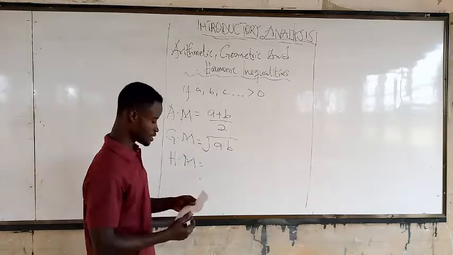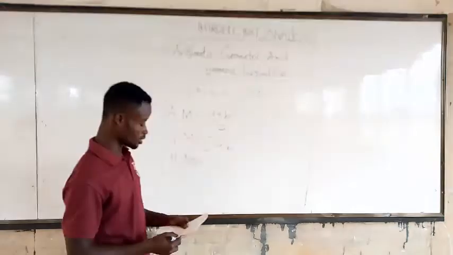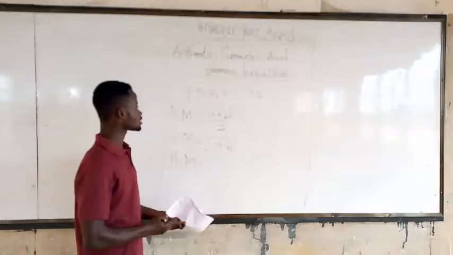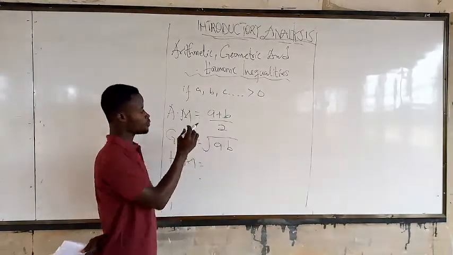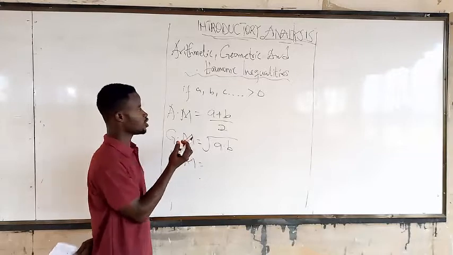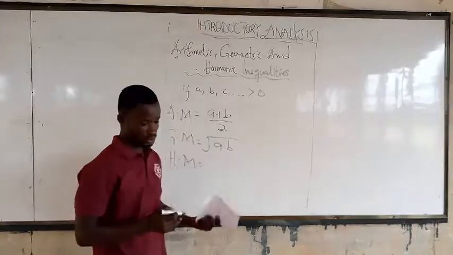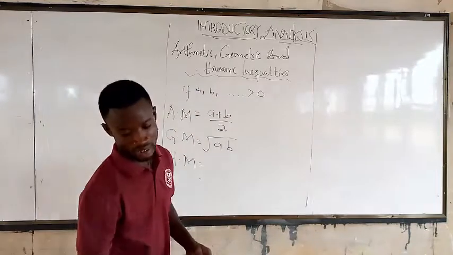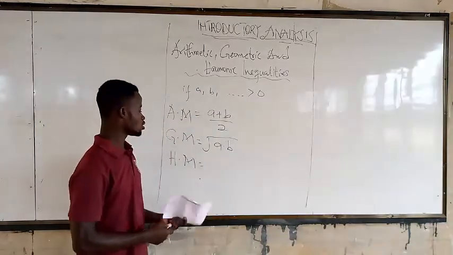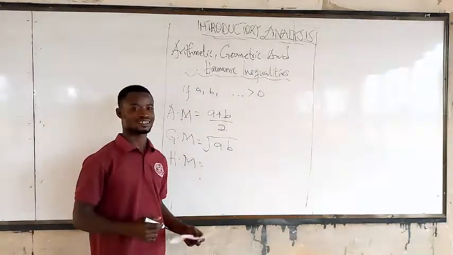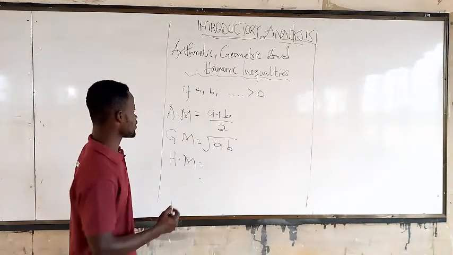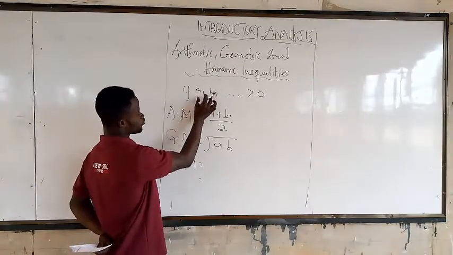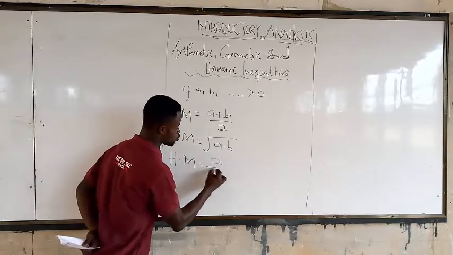And the harmonic mean too is the same thing, but with the harmonic mean, what we do is that when you pick two numbers, since there are two numbers, that will be 2 over.